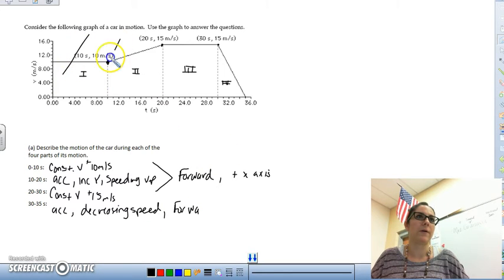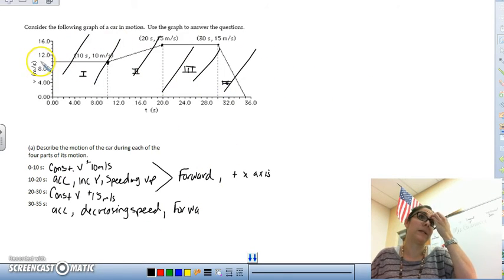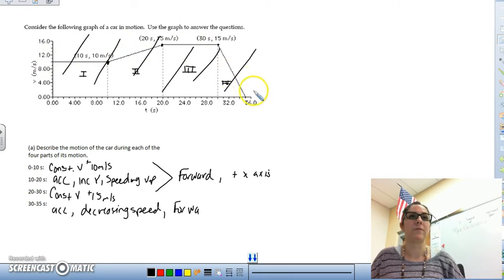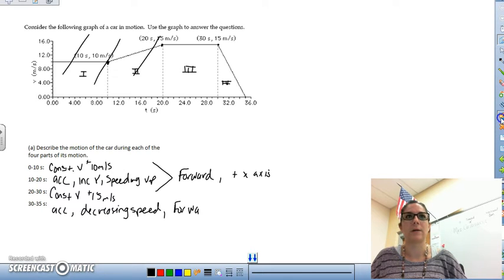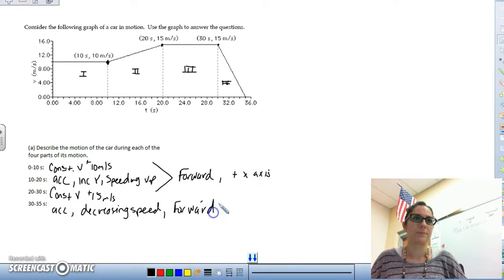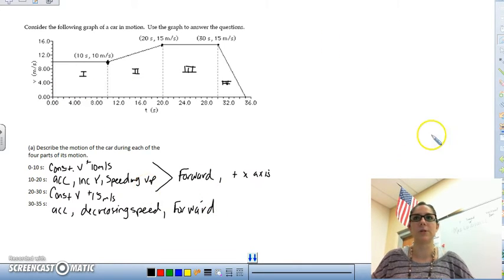In other words, anytime the line of the graph is above the x-axis, the velocity is positive. So let me erase those. If I had the line down here, this would all be backwards. So this is forward. So that's our motion. Let's go on to the next part.